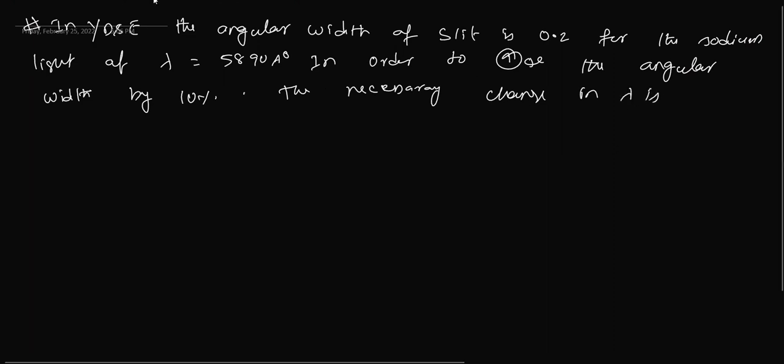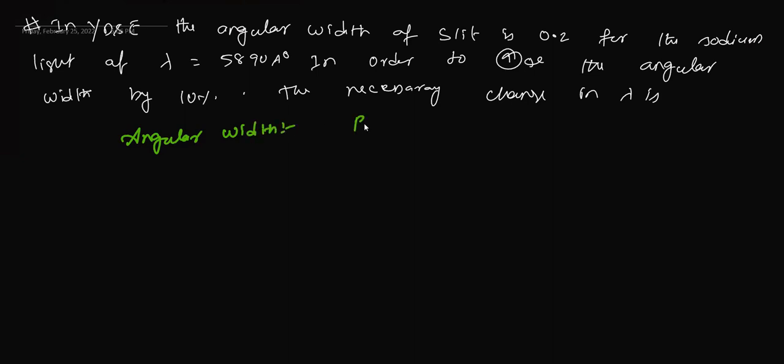See, basically we should know how to define angular width. Angular width can be written as fringe width upon capital D. Fringe width we know is lambda D by d. Upon capital D, this will get cancelled. So lambda by d we will get. That's nothing but theta. Therefore, angular width can be written as lambda by d, which we have to remember in mind.